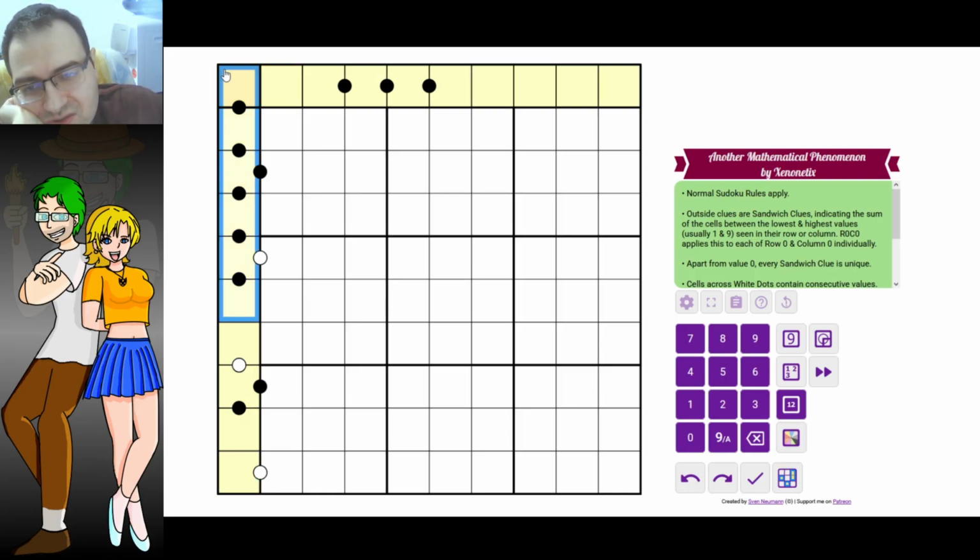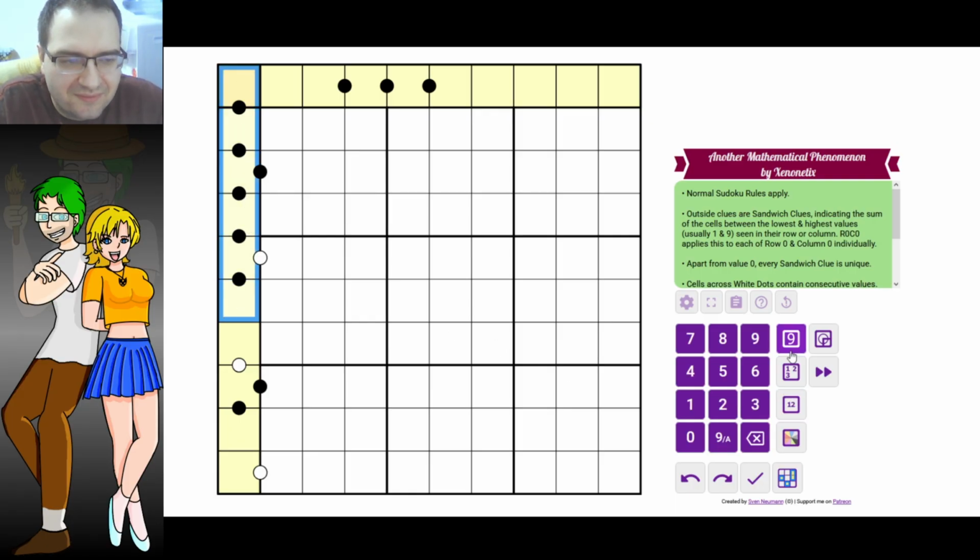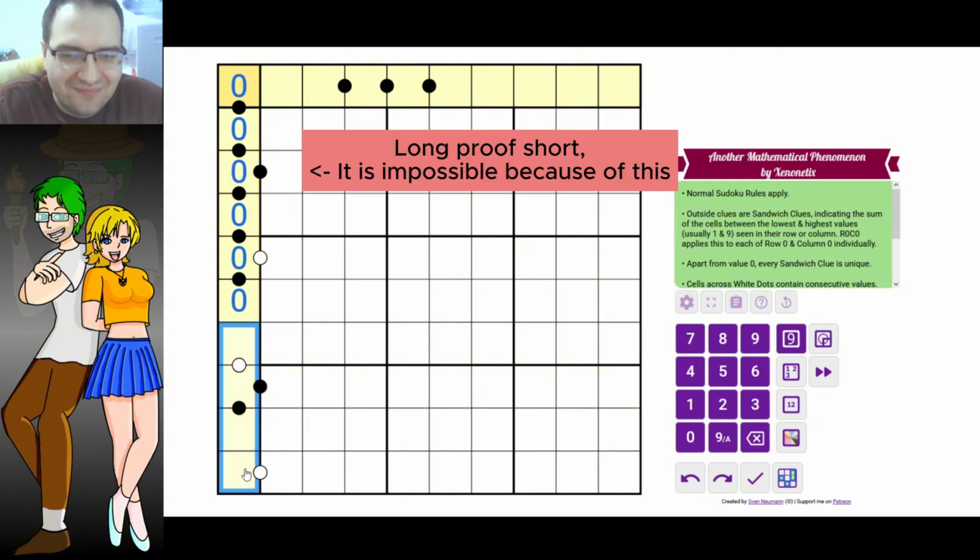Let's actually check this one, just because this is the most consecutive one. So if this was a 0, no, okay, let's forget zeros, because 0 is wrong. This can never be 0 anyway, because if those are all 0, this is the sum of the lowest and highest. So if this is 0, either all have to be 0.